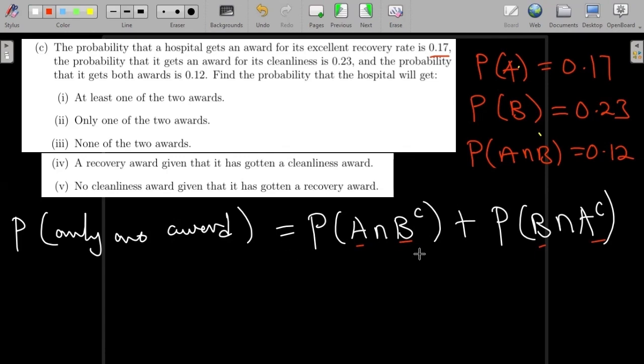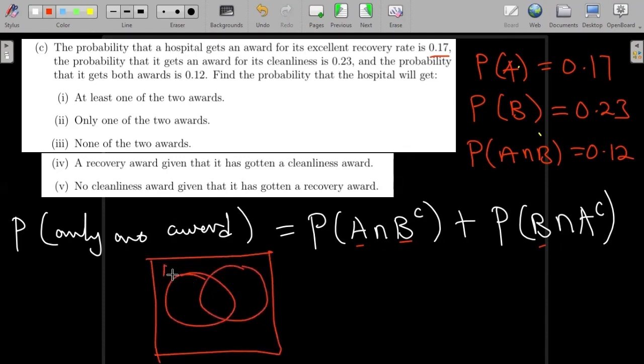But these two terms, we can simplify them further. If you go back to your Venn diagrams, this is my A, and this is my B. Here we are saying the probability of A intersection B complement. So let's try to shade the A intersection B complement on this Venn diagram.